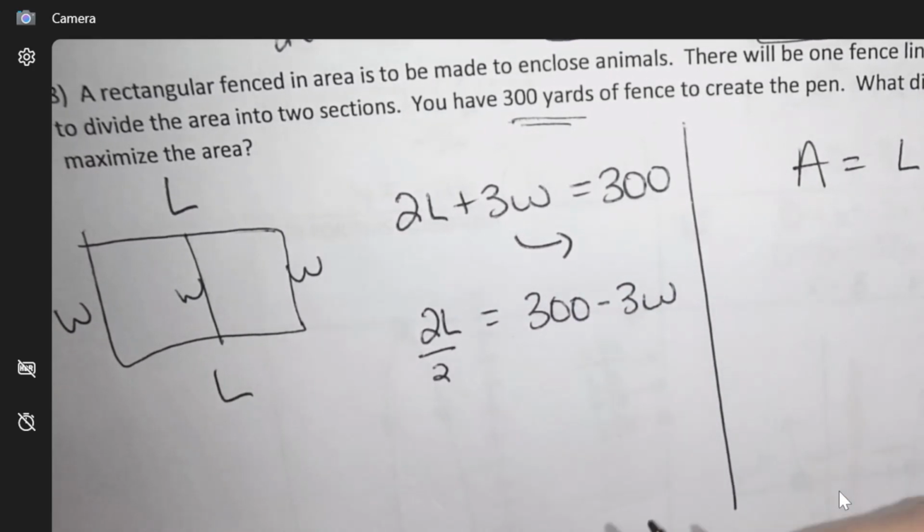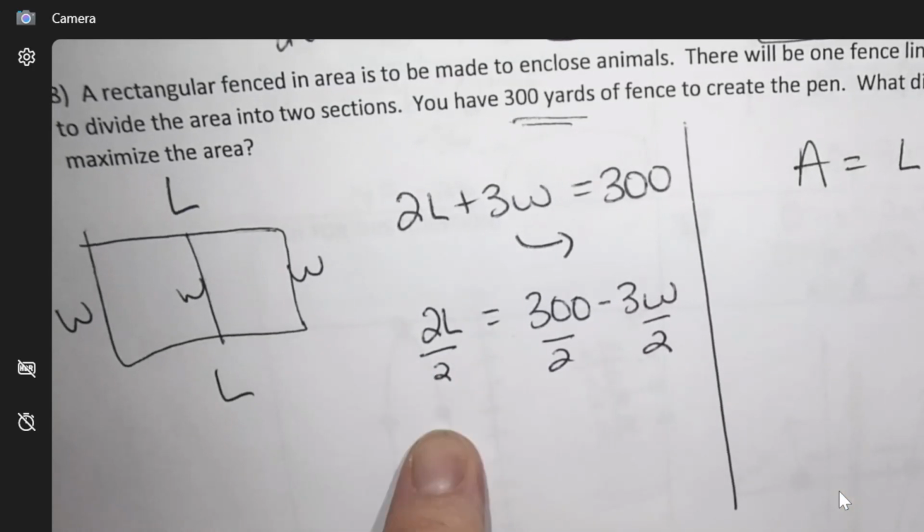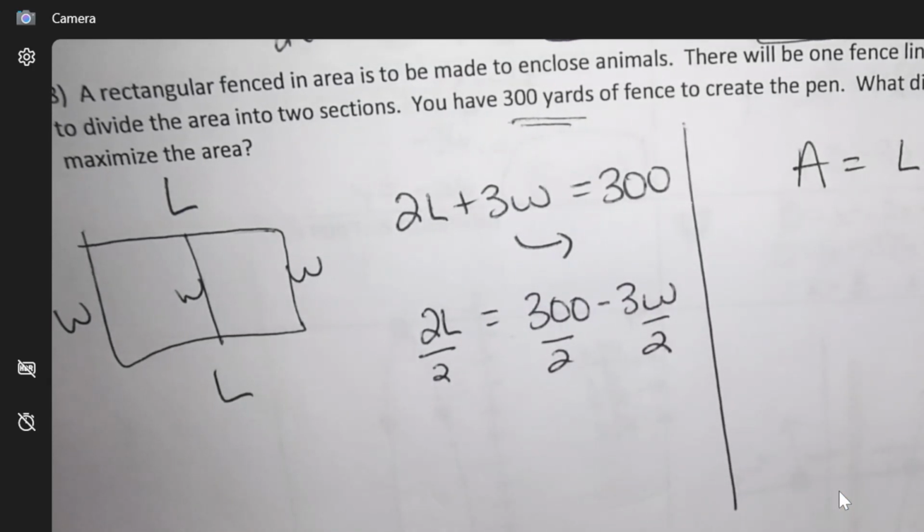What do I say there? It's like giving candy to children. If you divide that by 2, you have to do that to every single thing or somebody's getting mad.